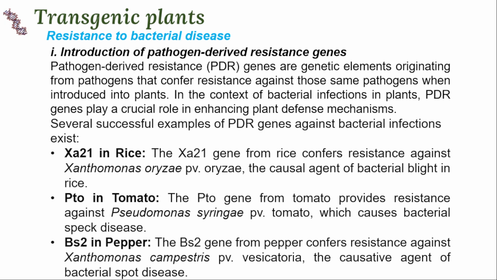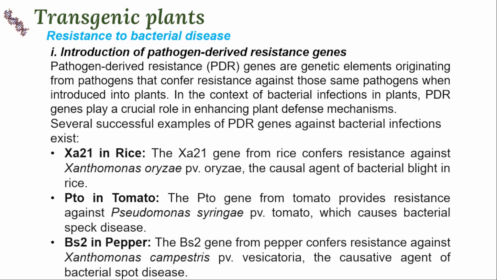You already know that in some agriculture crops, these resistant genes are formed because of severe infections. Like you can observe the Xa genes. These Xa genes are resistant to Xanthomonas oryzae, which causes bacterial blight disease.